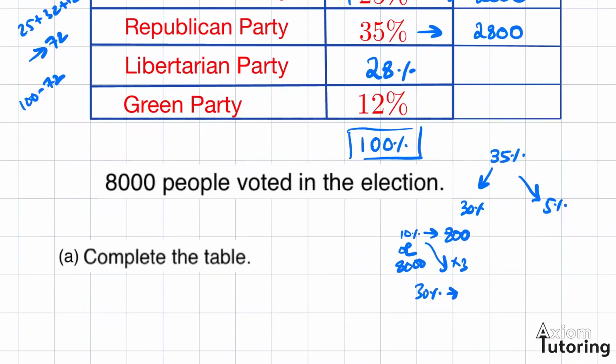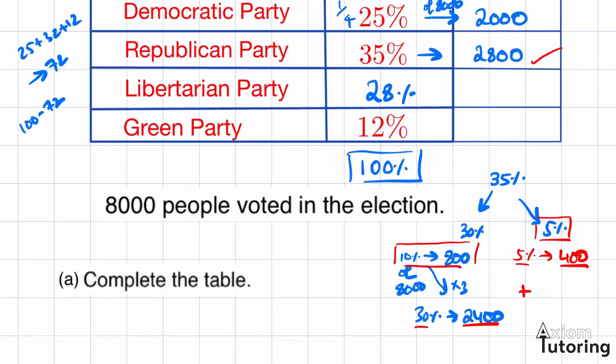So we do 800 times 3, which is 2,400. We worked out that 10% was equal to 800. 5% is half of 10%. So 5% must be 400. 2,400 plus 400, that's 30% plus 5% is 2,800.